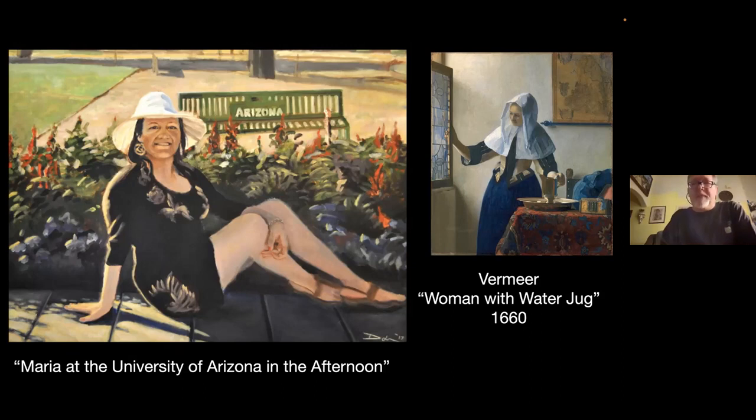So if you look at the painting on the right by Vermeer, and you look at the painting that I did of my wife here, what is the similarity there? Because they're not very similar paintings at all, but there's something very important in these two paintings that I saw in this Vermeer painting that I wanted to capture in this painting of my wife.